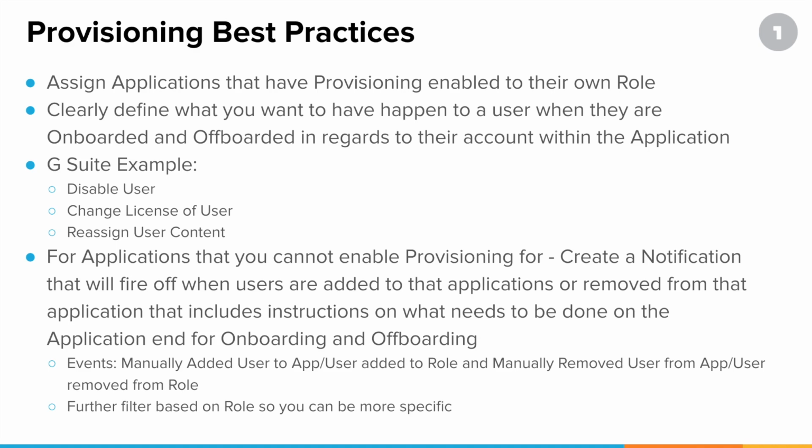OneLogin has a built-in notification system, and it can fire off when a user is added to an app, or maybe they're added to a role, either manually or automatically, and thus now you know that they've been assigned to the app. And there are certain steps that need to be performed when that happens, and they need to be performed manually. So the notification can send off an email to you as the account owner, or maybe all your super users, or whatever users need to be designated to do this job.